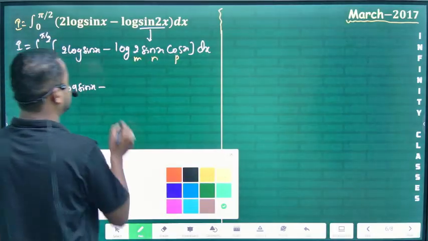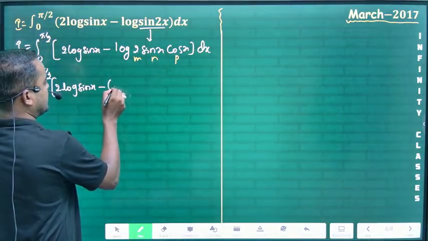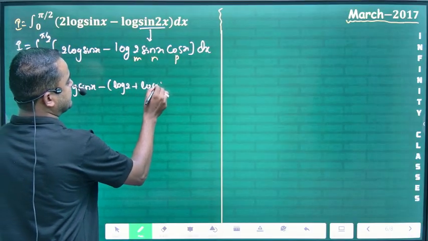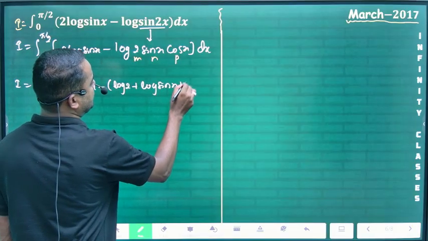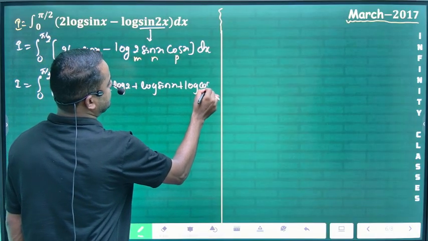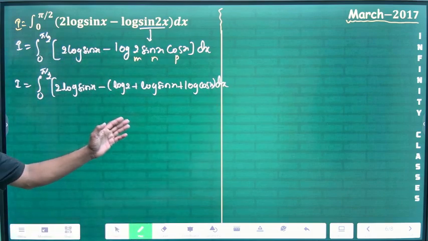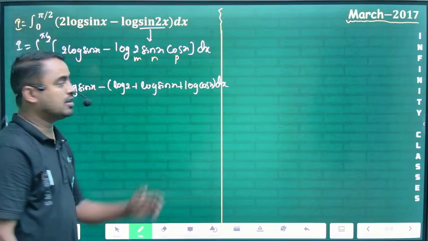It will become minus, log 2 plus log sin x plus log cos x. Applying the property of logarithm, log of m into n into p is log m plus log n plus log p.